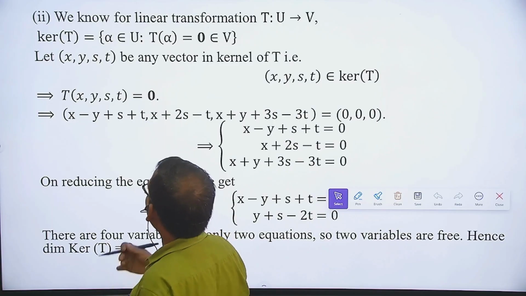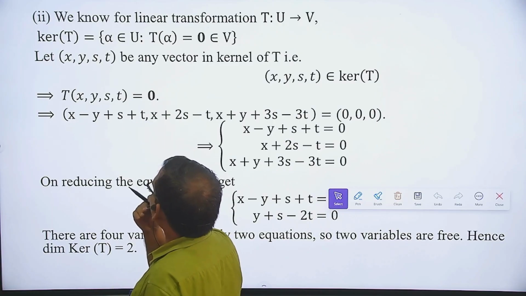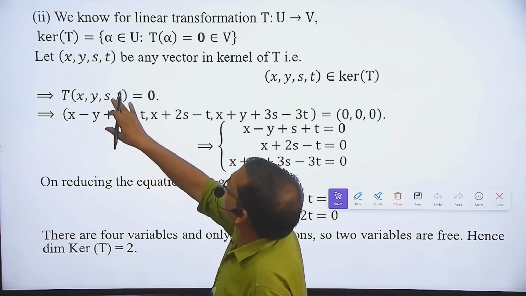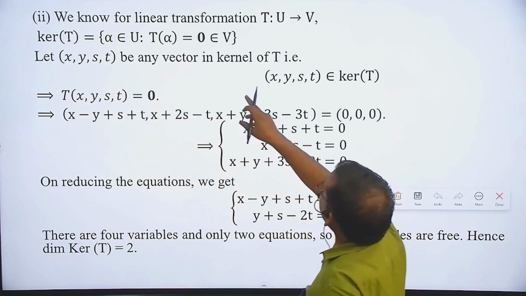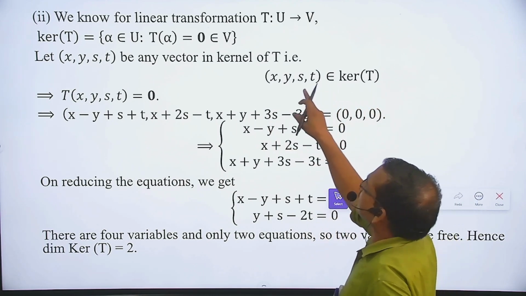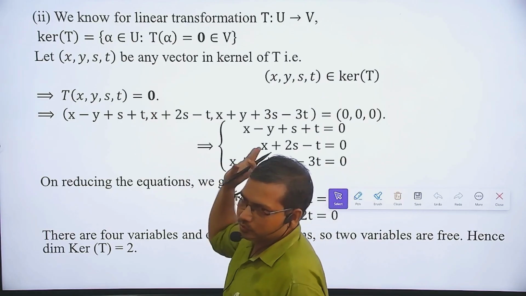Using this definition, we take the transformation of the vector x, y, s, t, which is any vector belonging to the kernel. If this vector belongs to the kernel, then its image is equal to 0.